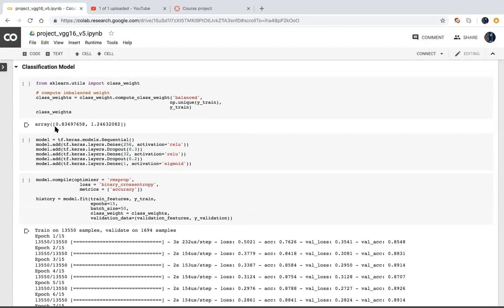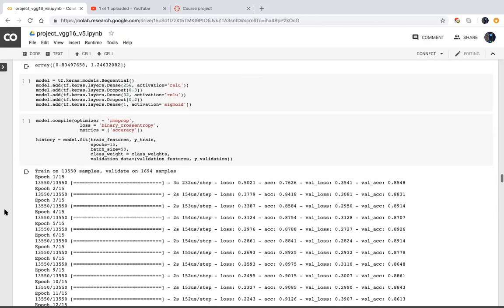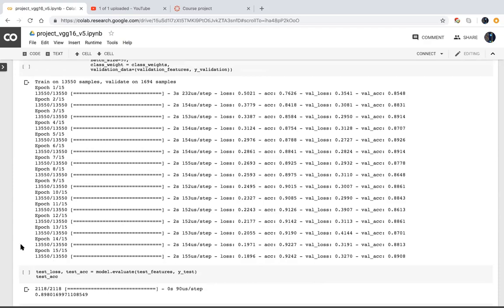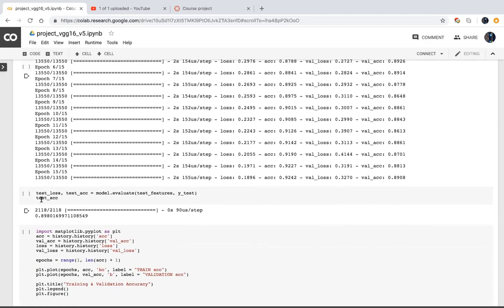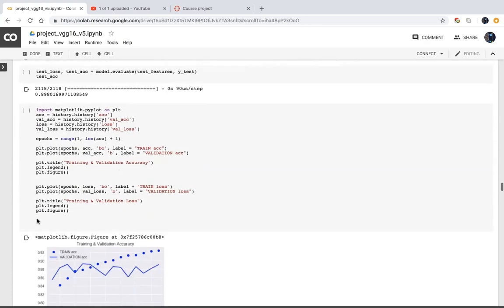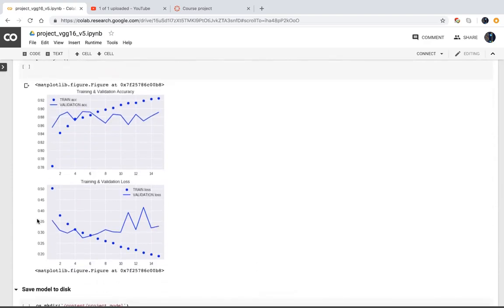So I assigned 0.8 to the negative patch, because that's our majority class, and 1.2 to the minority class, which are positive patches that have tumor in them. I evaluated the model's performance on the test set and achieved 0.9 accuracy. I also plotted the training and validation accuracy for 50 epochs, as well as the training and validation loss. You can tell the model itself does not overfit too much.